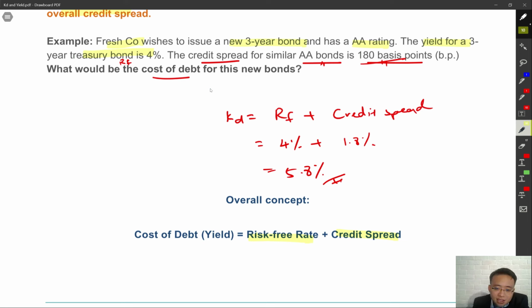So whenever there is a yield curve, we would have to think of this concept. For my cost of debt, use the yield curve to find the risk-free rate, add on a credit spread to it, and you have got your cost of debt.